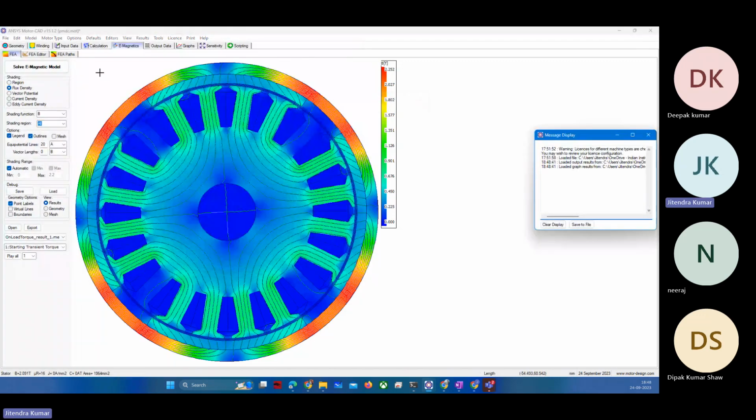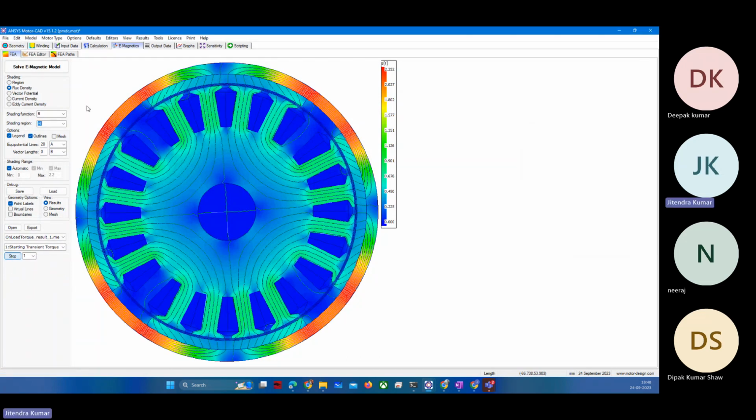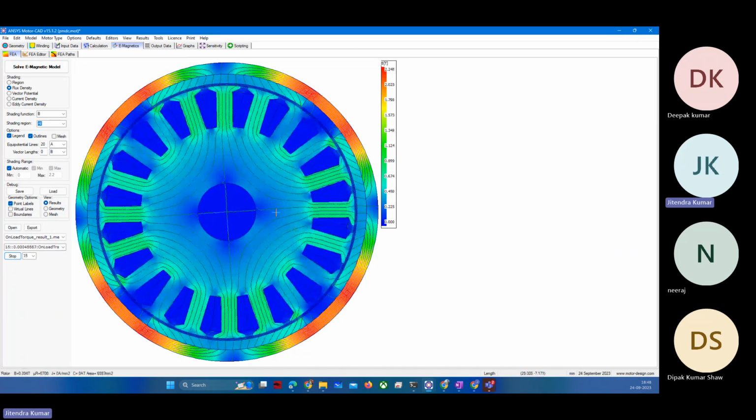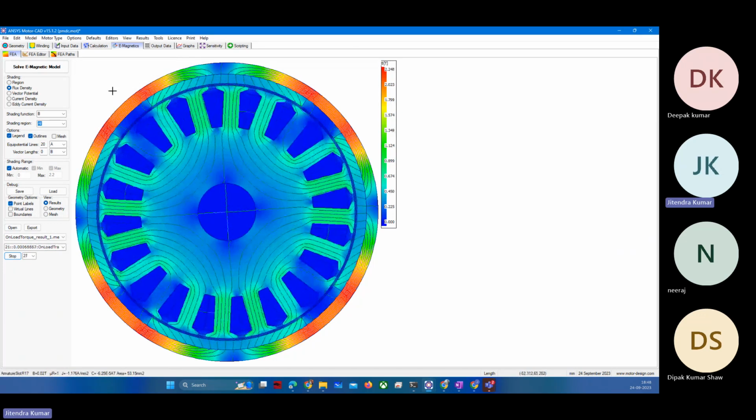Now you can see, first you should visualize the flux paths, right? Since they are steady, but still, with armature and field, how do they look?